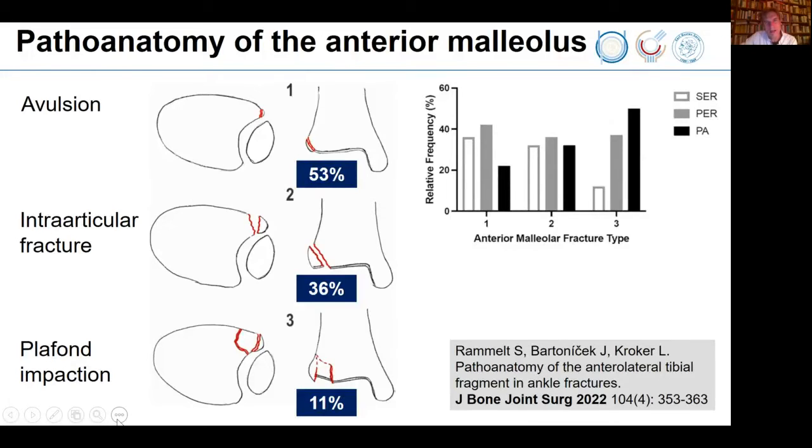So if those are malunited, then the fibula doesn't know where to go, and it takes that avulsed fragment with it, and this results in a malposition of the distal fibula and an insufficiency of the syndesmosis. And then we have that nasty type 3, which is anterolateral impaction of the tibial plafond, which is like a transitional type to a pilon fracture.